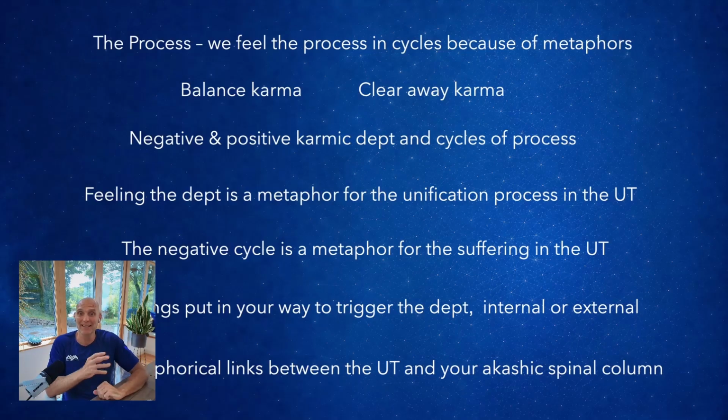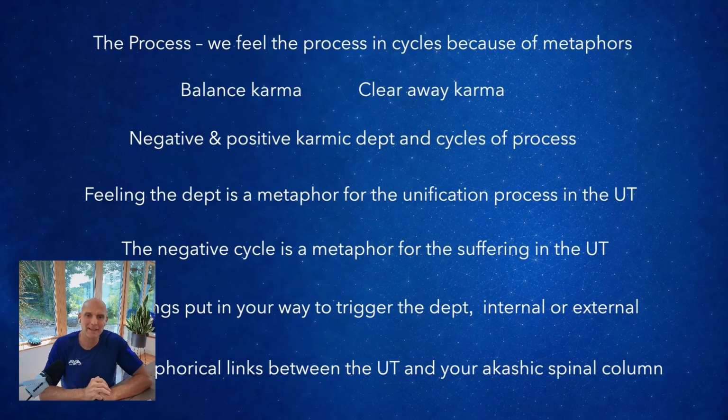Now, the thing is, the source has to feel the effects of that karma. It can't just wipe it away because part of self-realization is the unification process. It means the source has to feel an equal amount of negative and positive. And if you're going to wipe away that karma, basically what happens is you get this karmic debt.